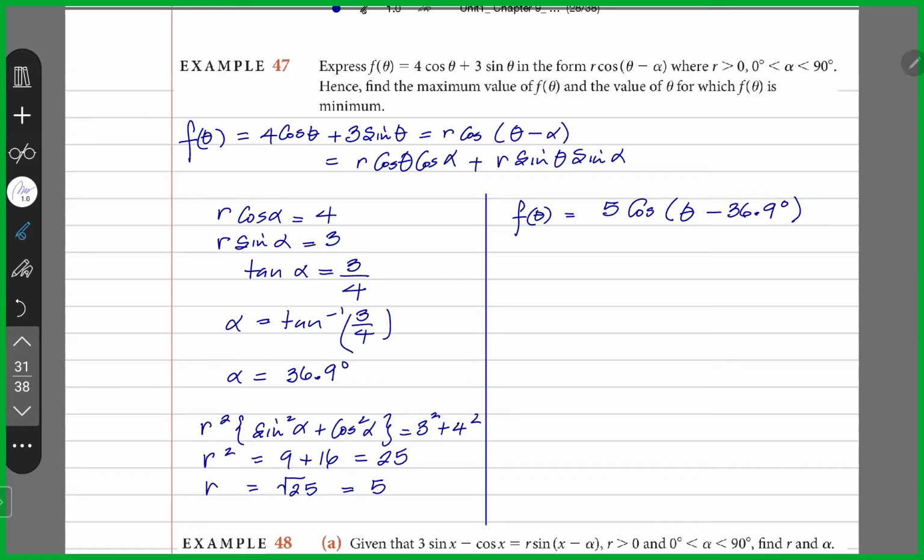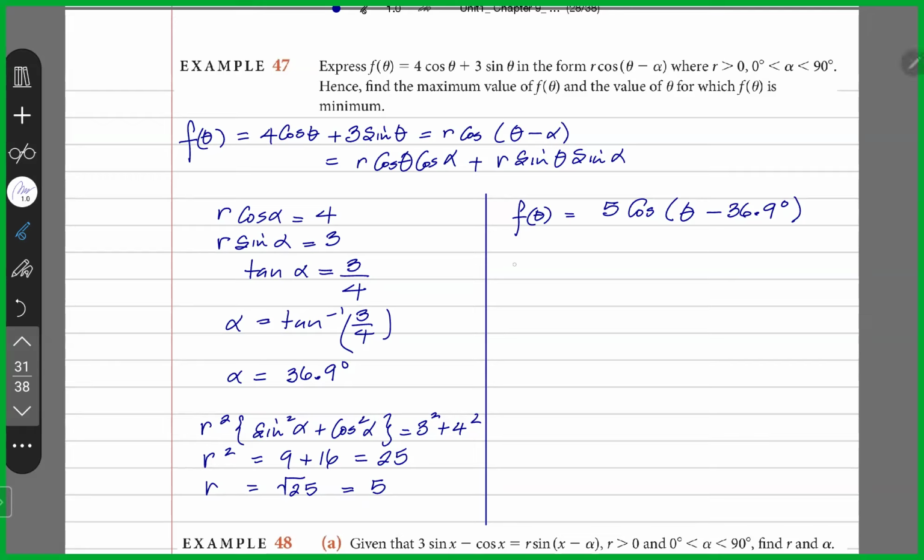So the next thing we're asked is, what is the maximum value of f of theta? And the value of theta for which f of theta is a minimum.